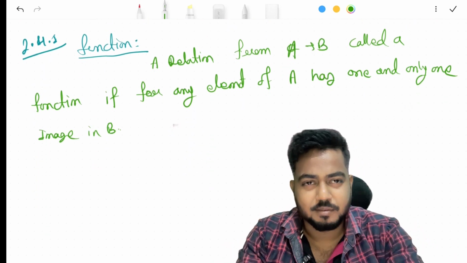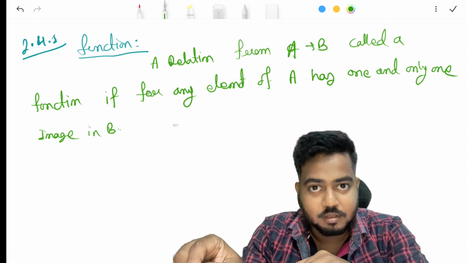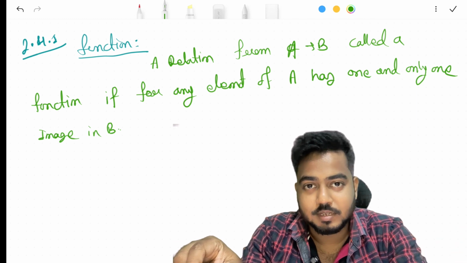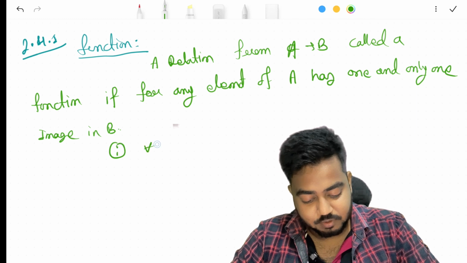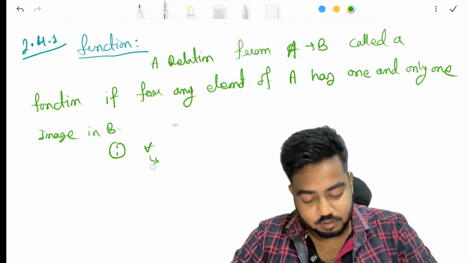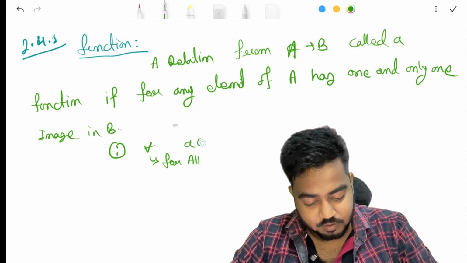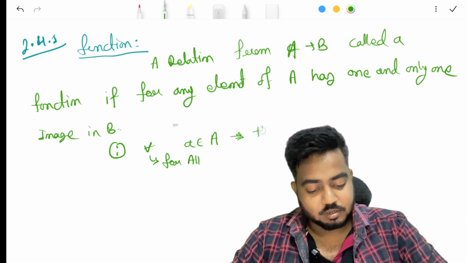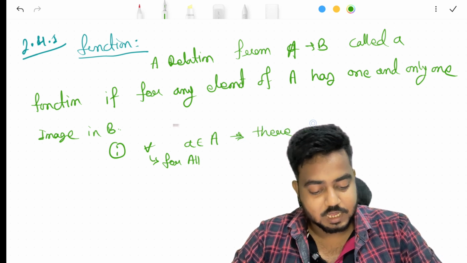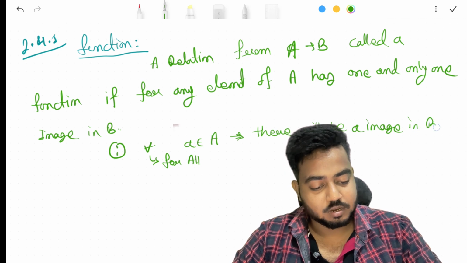Let's break it down. It's saying that for any element of A, it will have an image in B. It means for all a belonging to A, there will be an image in B.